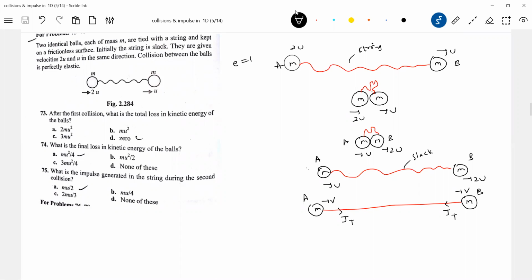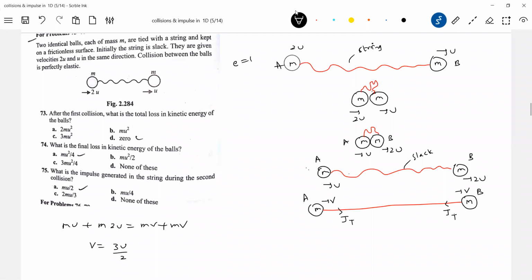Can I apply conservation of linear momentum? Yes. What is the net impulse? It will be 0. Therefore, mu plus m 2u should be equal to mv plus mv. So therefore, this 2v should be equal to 3u by 2.